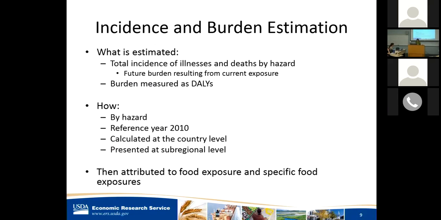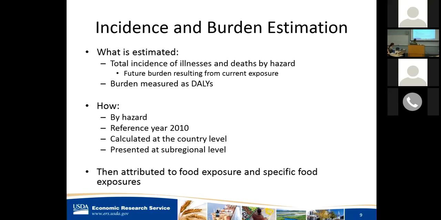So it's measuring the future burden resulting from current exposures. And then for each of those illnesses or diseases, an estimate of the disability adjusted life years was developed so that we can compare across diseases.